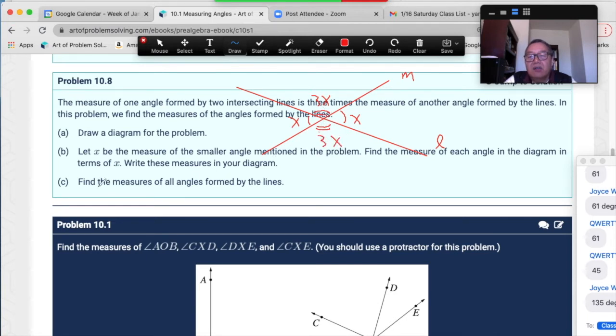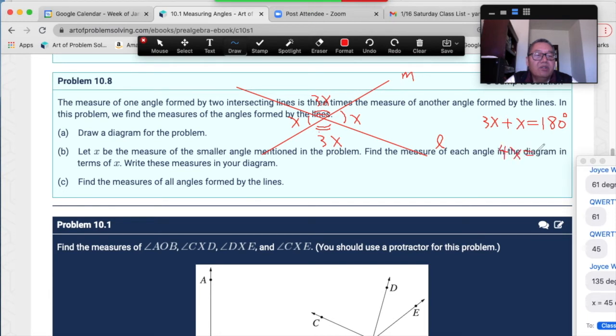Then they ask you to find the measure of all angles formed by the lines. Then you can say 3x plus x equals 180 degrees because this is a straight line. Then they form a straight angle. So you solve this equation: 4x equals 180 degrees. So x equals 45 degrees.